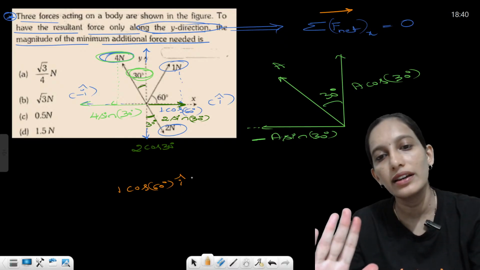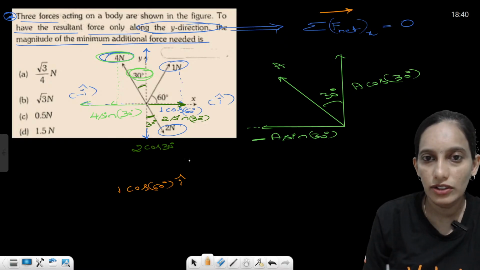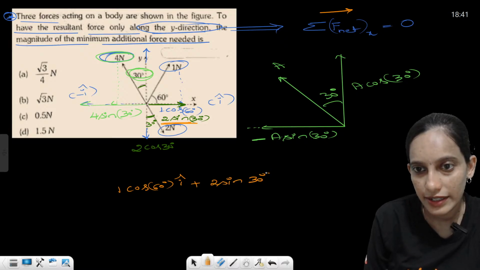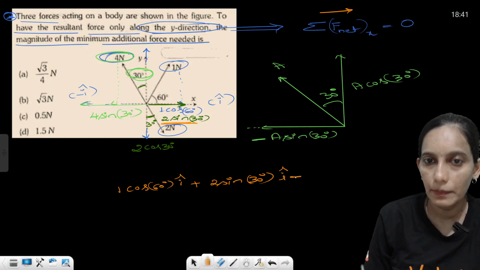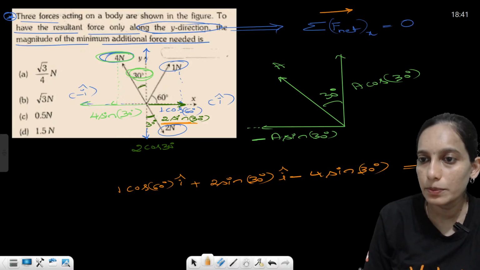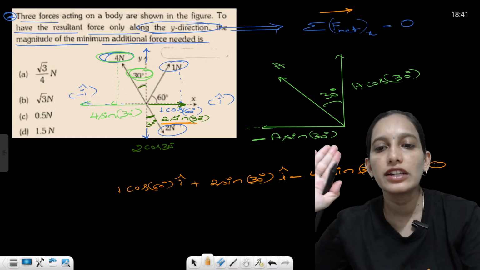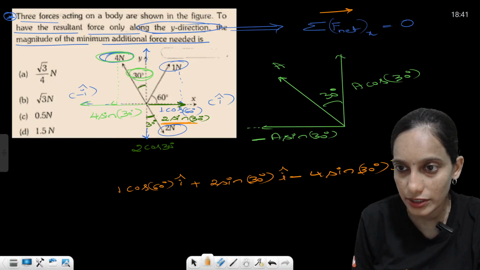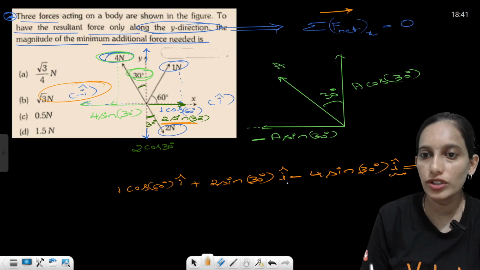Since I am writing vector notation, I am taking i cap. Even if you take the magnitude and then make it negative, it is fine. Okay, next what is there, plus 2 sin 30 degree. Again this is also acting along plus i cap. Then what we have is minus 4 sin 30 degree, must be equal to what, 0. Okay, so 1 cos 60 plus 2 sin 30 minus 4 sin 30. Why did the minus come here? That is because it is acting along negative x axis. It is minus i cap, so I have written the minus along with this i cap.